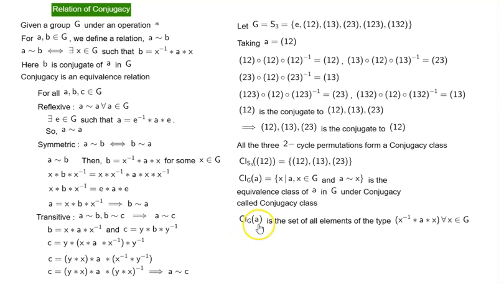The conjugacy class of A in G is a set of all elements of the type X inverse times A times X for all X in G. So that was the relation of conjugacy. It is an equivalence relationship, and we have seen it using an example of S3.